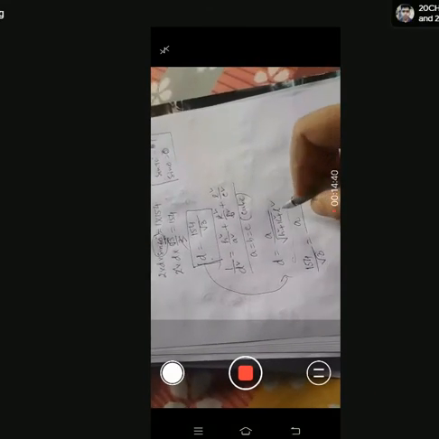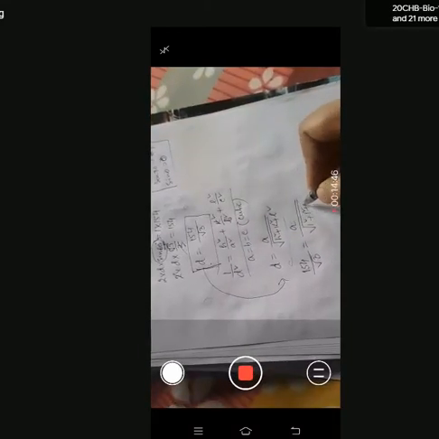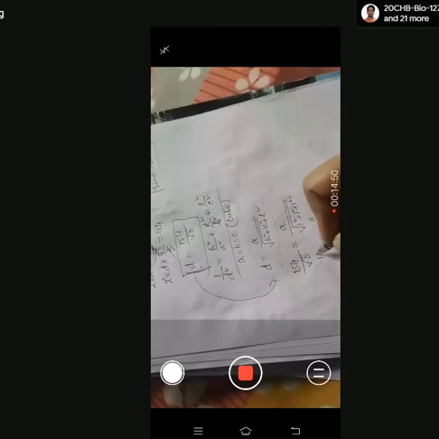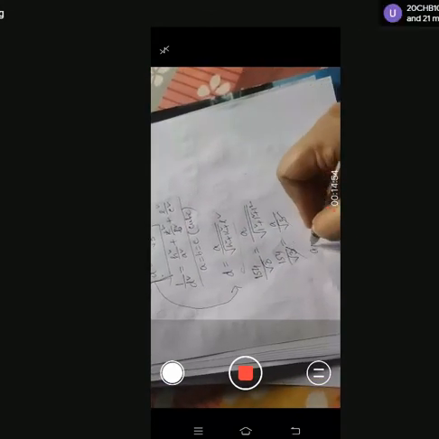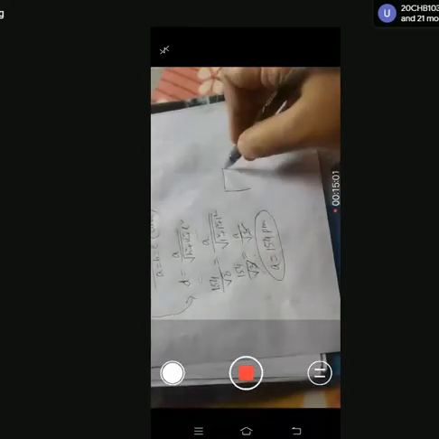What is the value of hkl? You see here 111, that is 1 square plus 1 square plus 1 square, which is root 3. And this is 154 by root 3. Root 3 cancels out, and your a is 154 picometer.